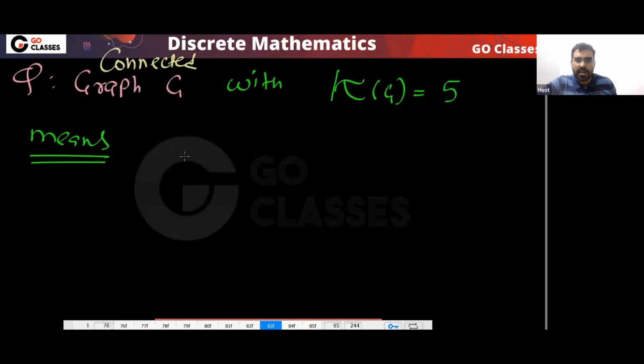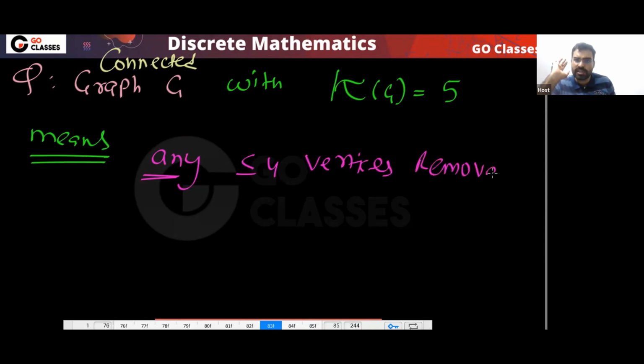This means that any 4 vertices you remove, that is your choice, your graph will not disconnect. Yes or no? It simply means that removal of any less than or equal to 4 vertices will not disconnect the graph.